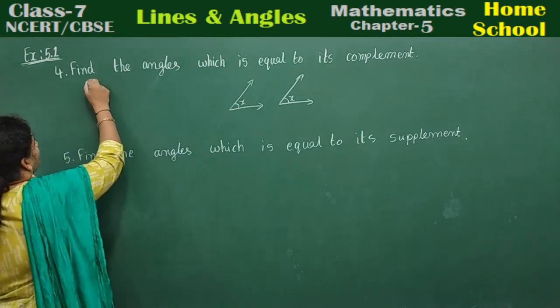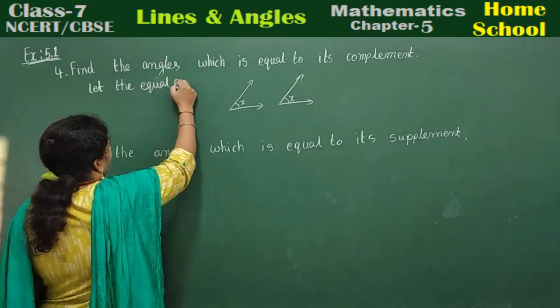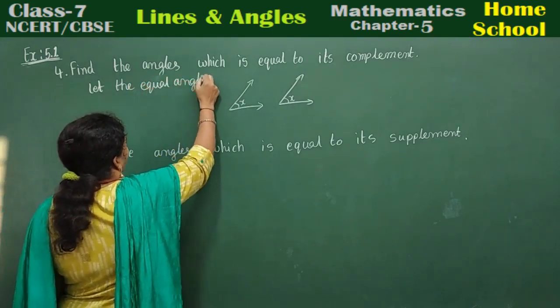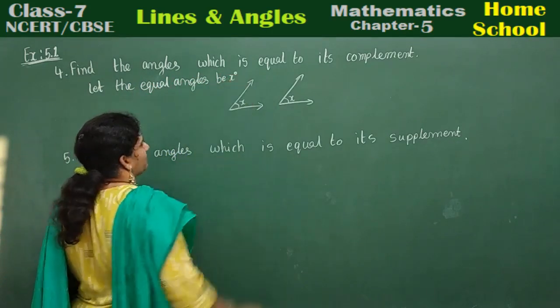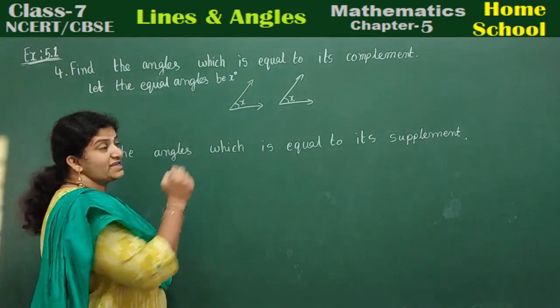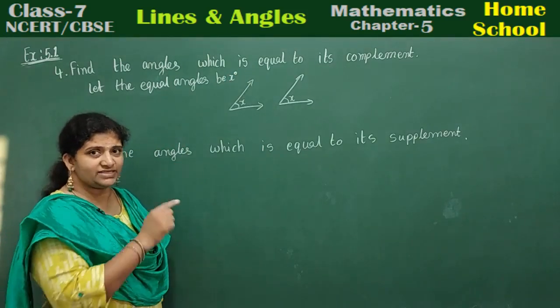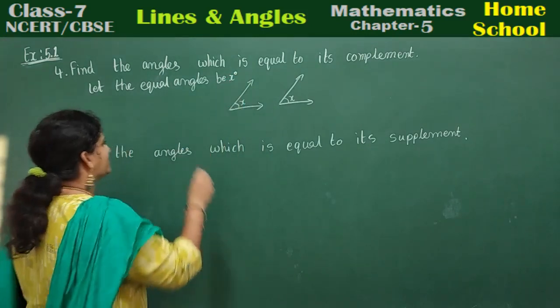Therefore, you need to write here, let the equal angles be x degrees. When their sum is equal to 90, we say they are complementary. We need to find what the equal angles are.